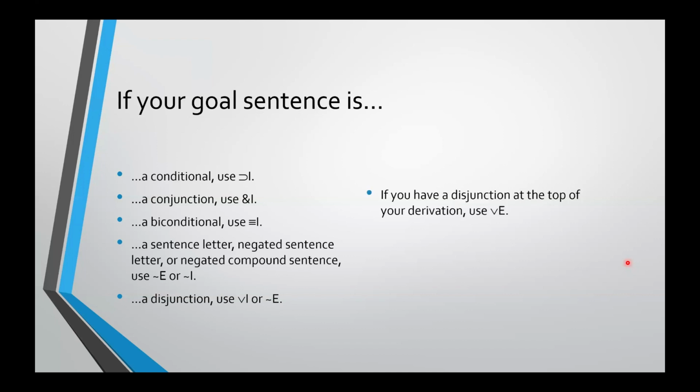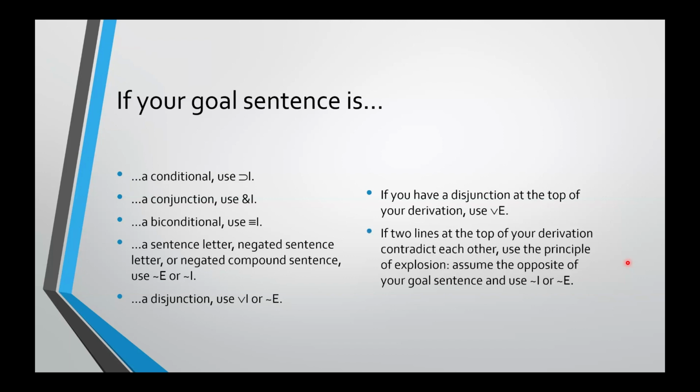If you have a disjunction at the top of your derivation, then often disjunction elimination is a good idea. So set up two subderivations, assuming each of the disjuncts. One assumes one disjunct, the other assumes the other disjunct, and then try to derive the same goal sentence in both of those, and then use disjunction elimination to infer that.